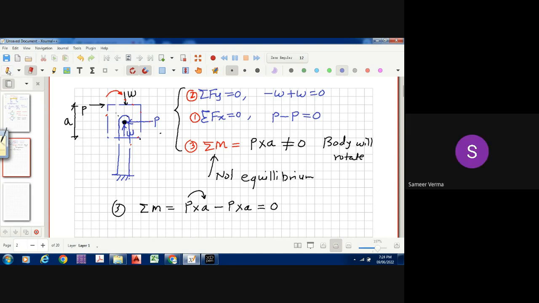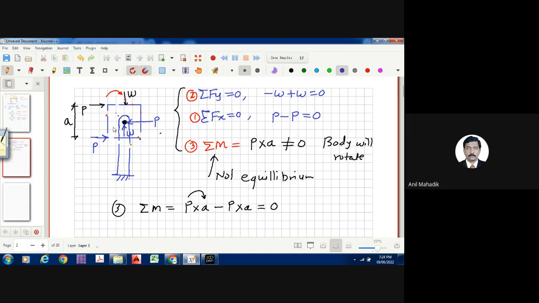So it has to be like this. Is it okay? Yes, sir. They should be like this, because then it will have an anti-clockwise moment. This is clockwise, this is anti-clockwise. Correct.